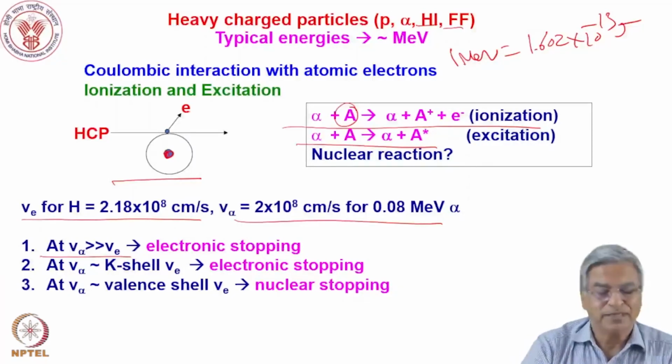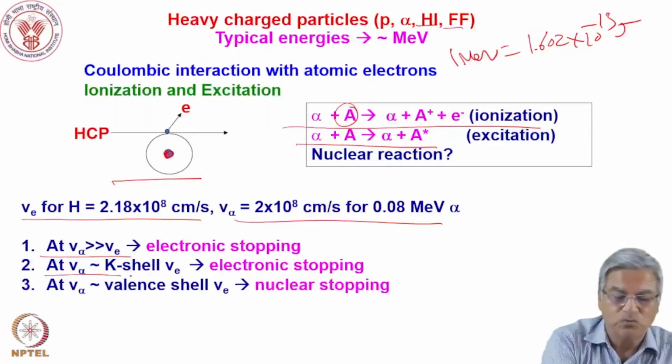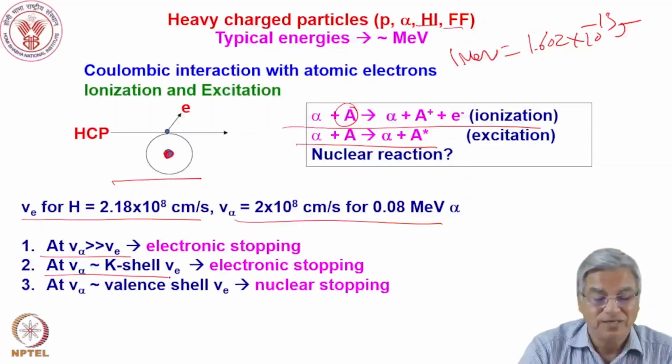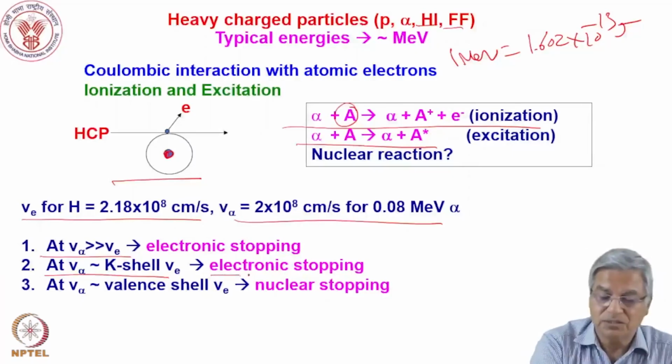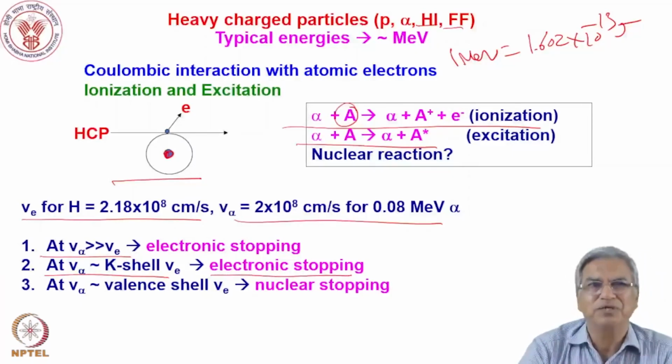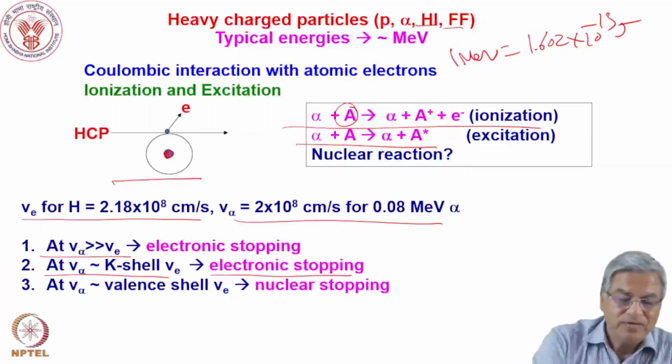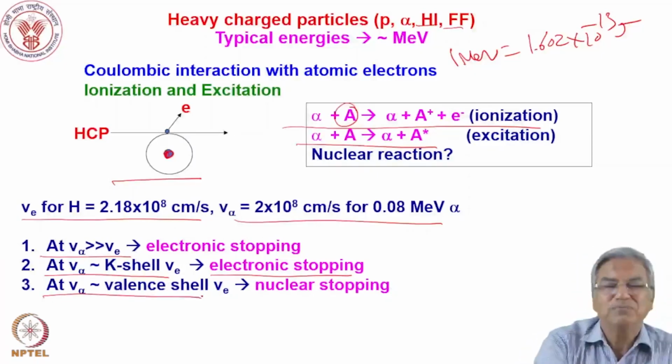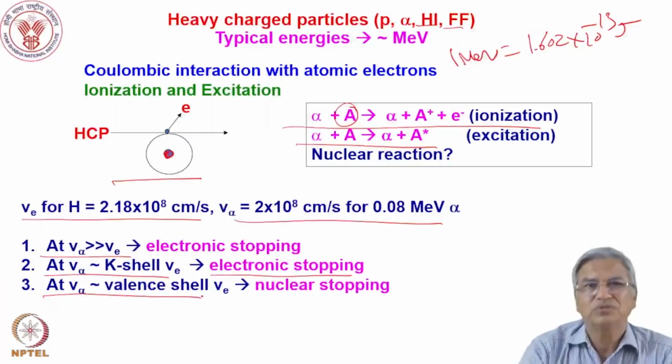Then as the particle slows down and assumes a velocity of the order of the k-shell velocity of electrons, it is still stopping by the electronic mode, but it may start picking up electrons, particularly in the k-shell. And when the velocity of the alpha particle has become comparable to the velocity of valence shell electrons, the charged particle will pick up electrons and become neutral.